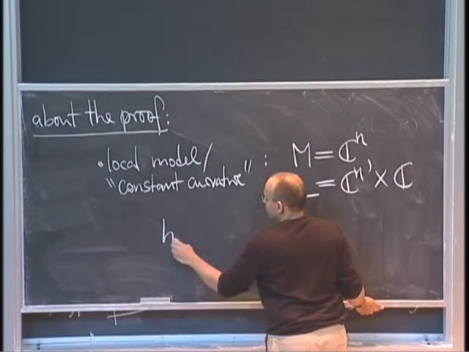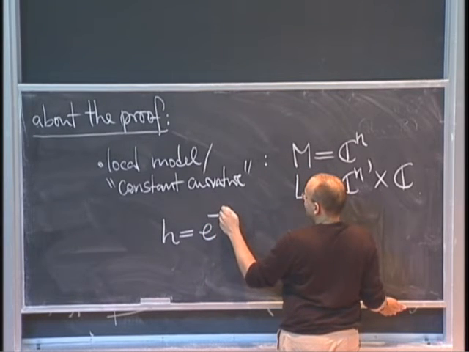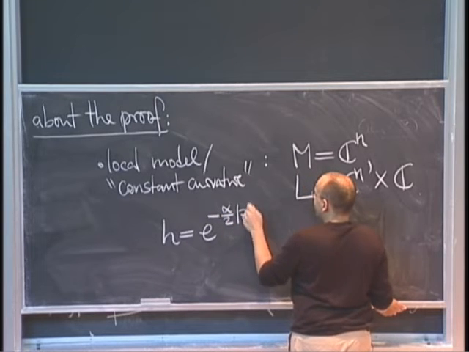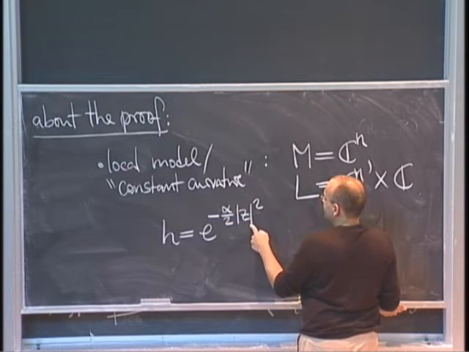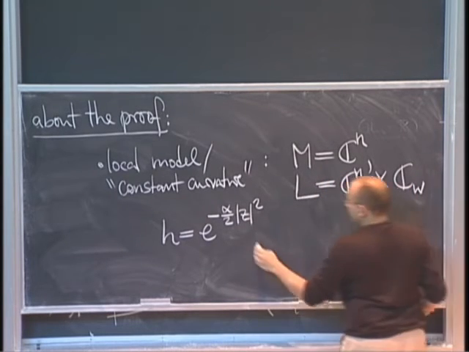What's the Hermitian metric going to be? That's just e to the minus alpha over 2 times |z|^2, the Euclidean radius squared. Z is the base coordinate, w is the fiber coordinate.